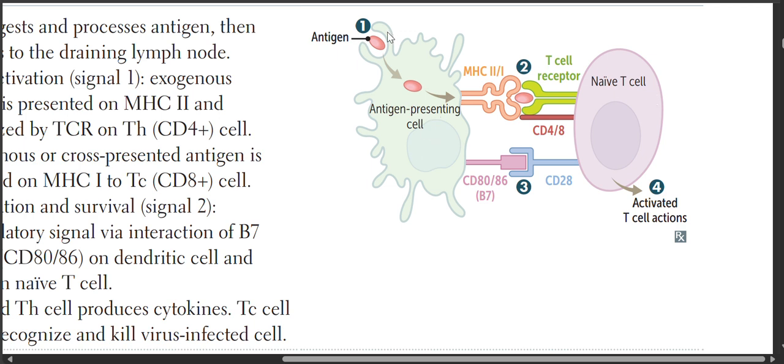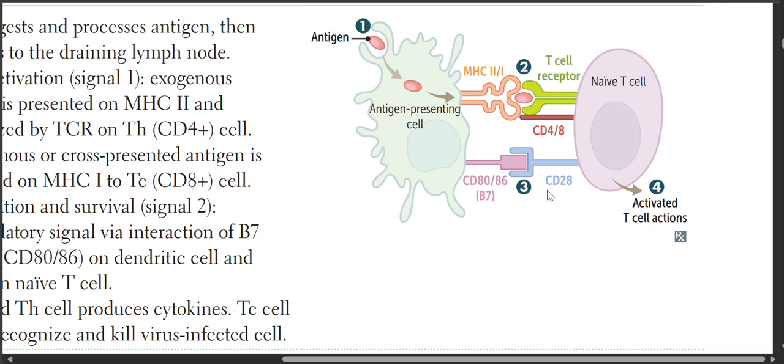Now, how did this happen? The cell initially took the antigen, broke it down, gave it on the MHC complex, and then the T cell receptor took in that protein which was presented on the MHC complex, and then the T cell got activated. Now, there is one more condition that you need to remember.